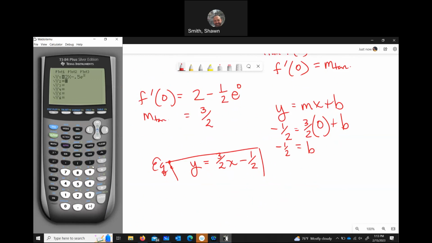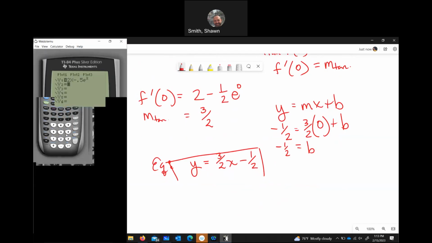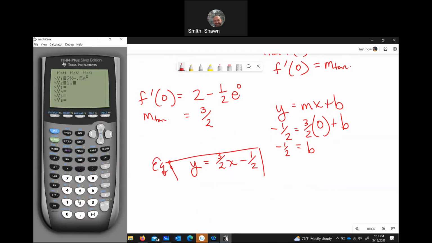And then the tangent line at x equals 0 is given by this equation, y equals 3/2, so that's 1.5, x minus 0.5. You can put it in fractions if you wish. I just think the decimals are sometimes easier to type in. It's all in one line. And let me just do zoom option 6, put it on standard window for now. I don't know what window I had last, but standard usually works.